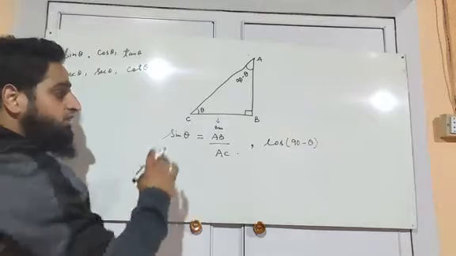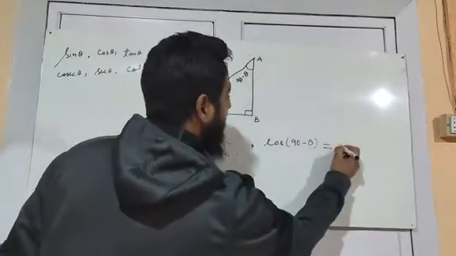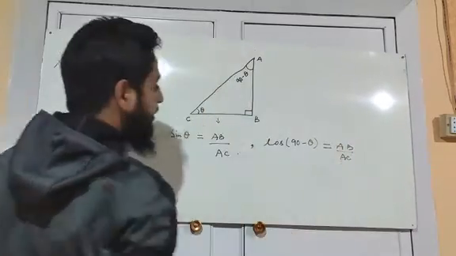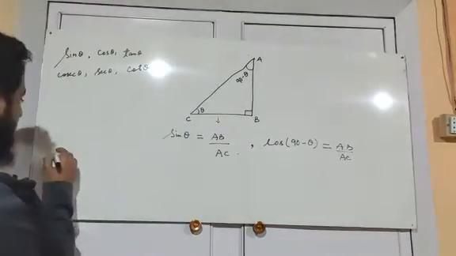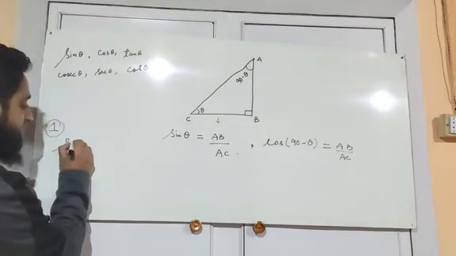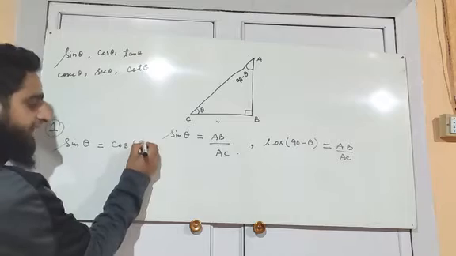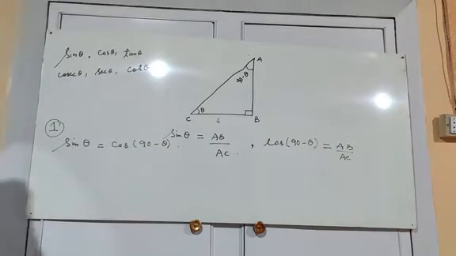Cos is equal to base by hypotenuse, it means AB by AC. From this we concluded, and this is the first remark of this exercise, that sine of theta is equal to cos of 90 minus theta. This is the first remark you have to remember.